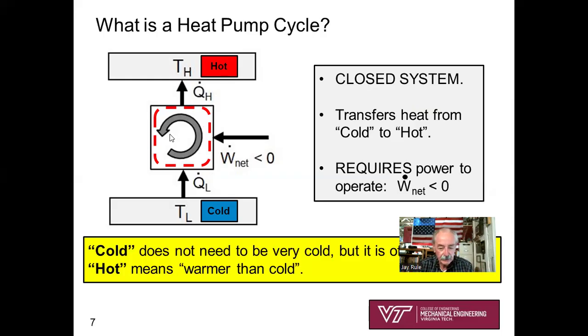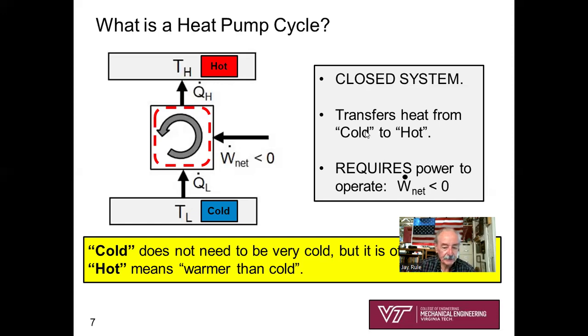I won't go into the details, but this black box is the mechanical equipment needed to transfer heat from cold to hot. It's a closed system, so no mass passes across the system boundary. This closed system is transferring heat at a constant rate from cold to hot.